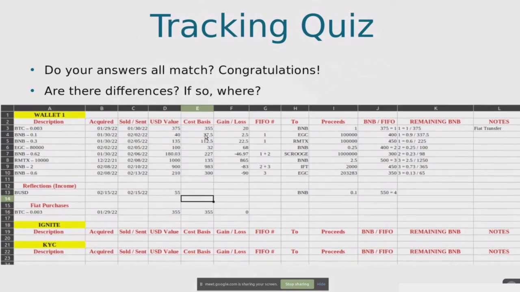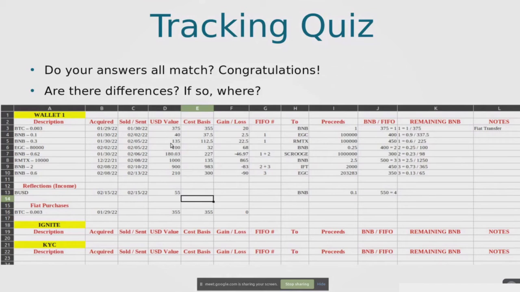I can just subtract it, which means I have a gain of $2.5. I'm still tracking that 1 BNB in the remaining BNB column. So I have 0.9 left, and $337.50, because I'm subtracting that 37.5 from the $375.